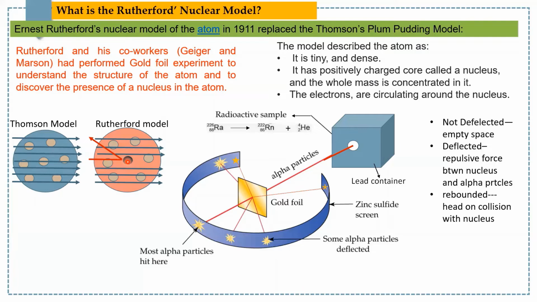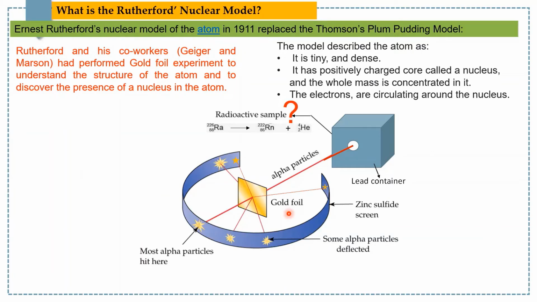Hence, according to the Rutherford model, there is something dense and heavy inside the atom. Because of that heavy stuff inside the atom, alpha particles are deflected by small angles or even in some cases rebounded back.